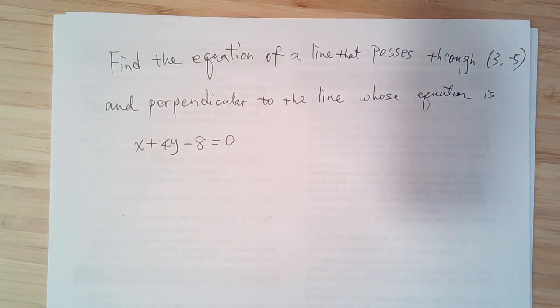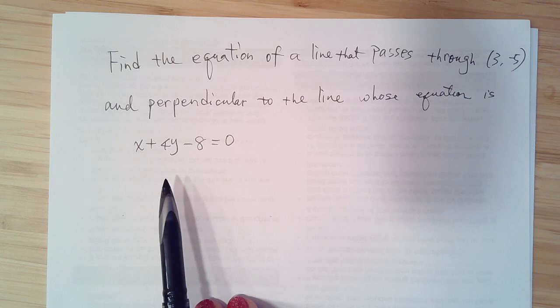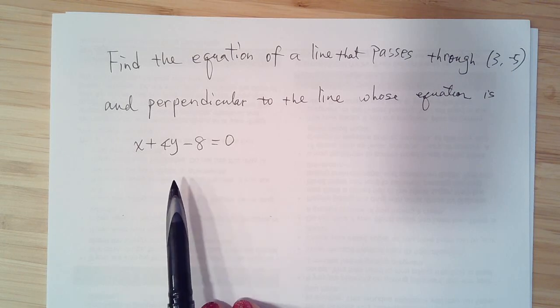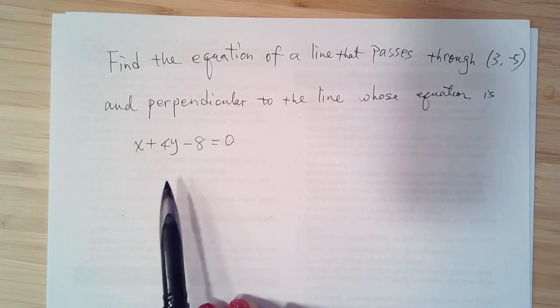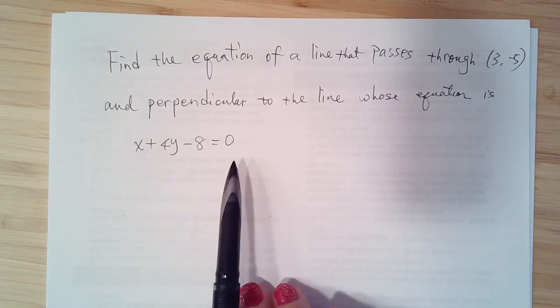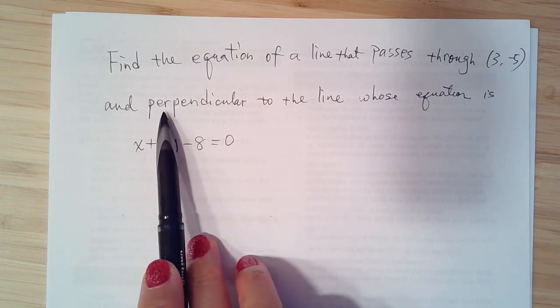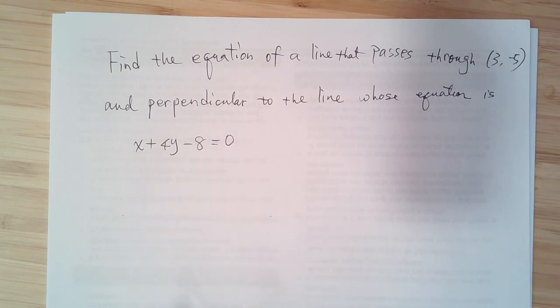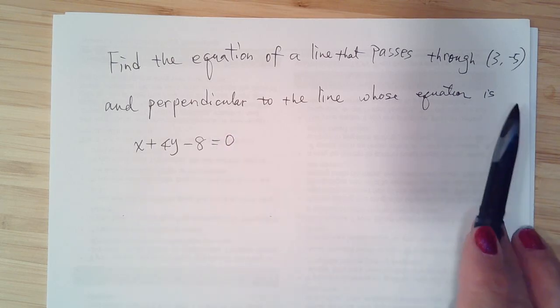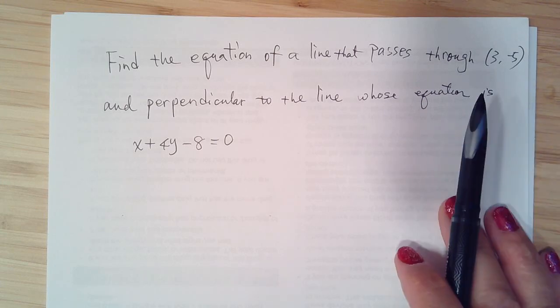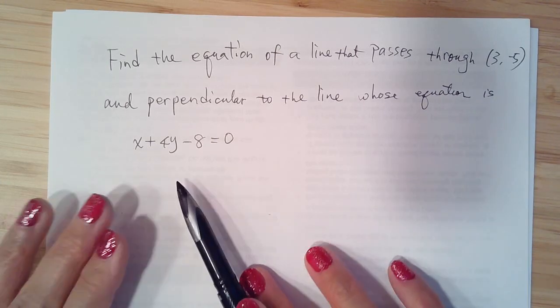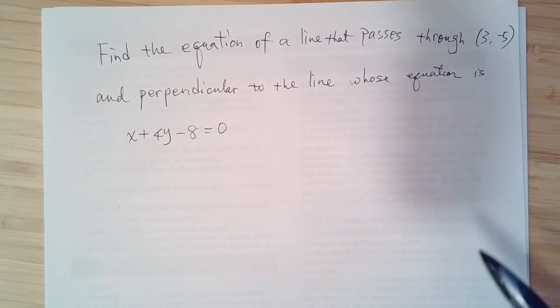Whoops! This is not given in slope-intercept form. If it's given in slope-intercept form, we're very happy because we know the slope already and we know it's perpendicular, so we just do the negative reciprocal, we get the new slope, and we have a point, and then we can do it. Right? But this is a standard form, so we cannot do that.